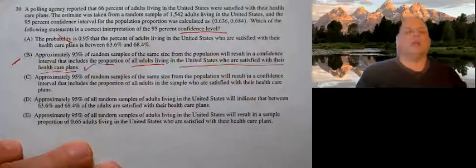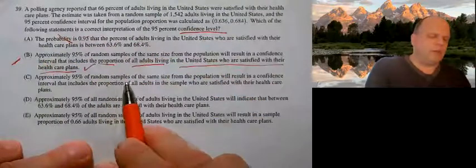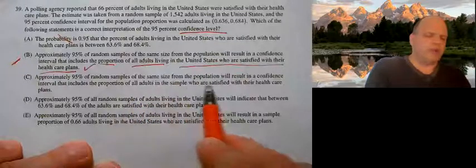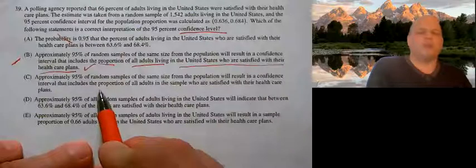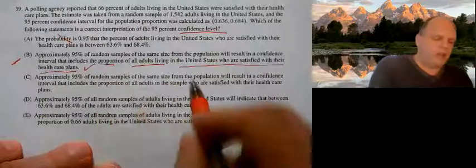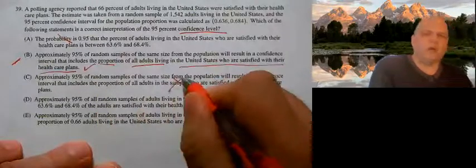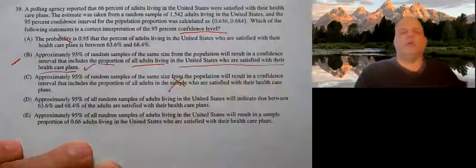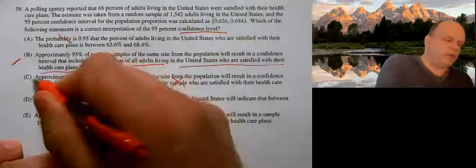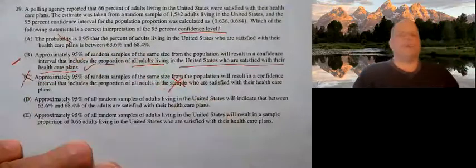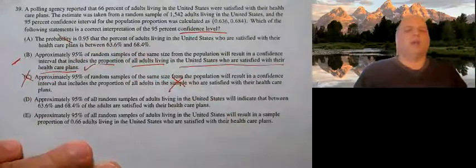Let's keep going. Approximately 95% of random samples of the same size from the population will result in a confidence interval that includes the proportion of all adults in the sample. No, we don't want the sample. We want the population, so all adults. So that says sample, that's a bad answer.